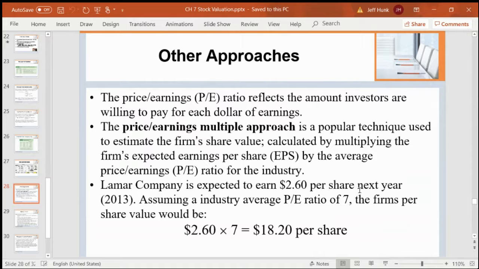So then our question is, prior to the 1950s, how did they value those stocks? In those days it wasn't really that mathematical, but they used something called the price earnings multiple approach.